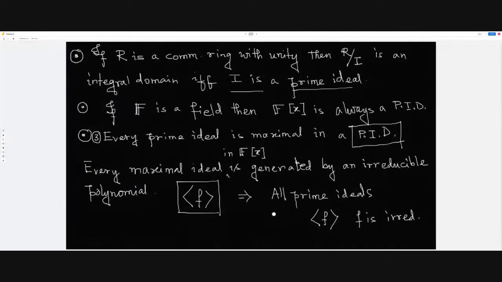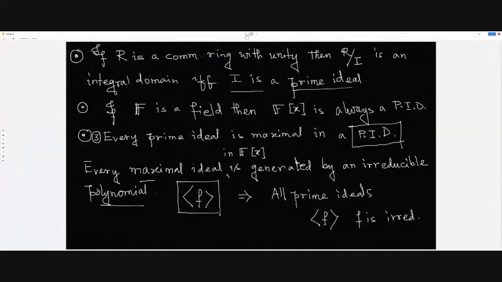For a PID, every maximal ideal is generated by an irreducible polynomial, and also every irreducible polynomial generates a maximal ideal. So it is an if and only if statement for the PID.